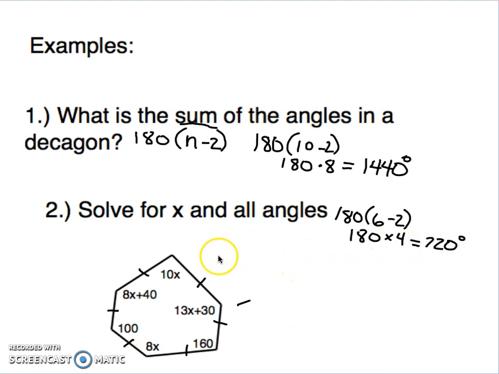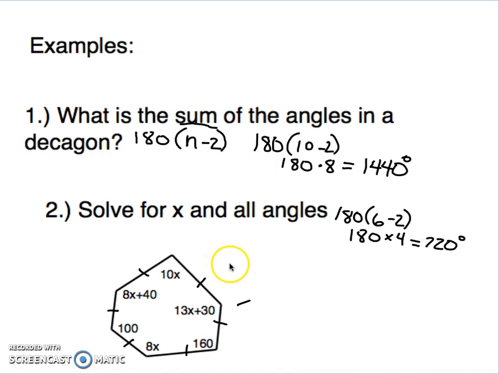So inside this polygon, I know that I can add up all these angles and it will be set equal to 720.